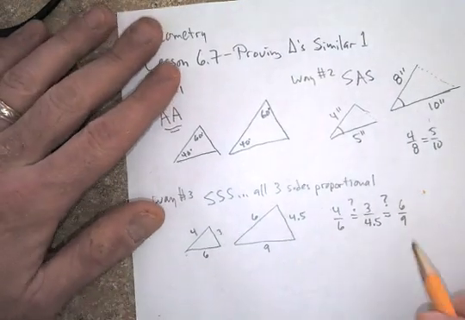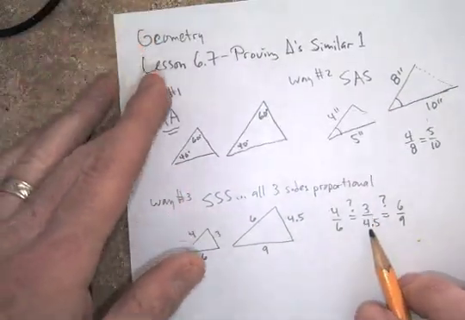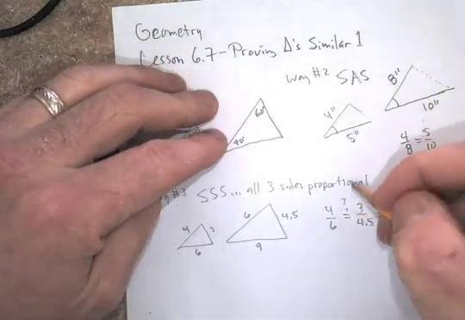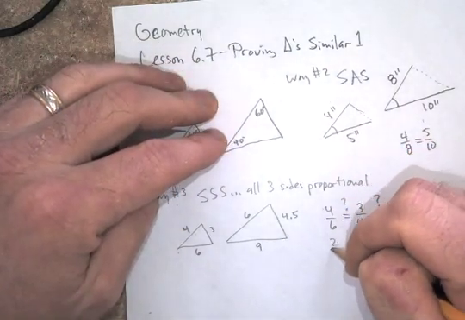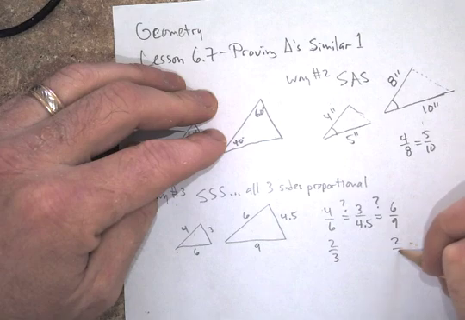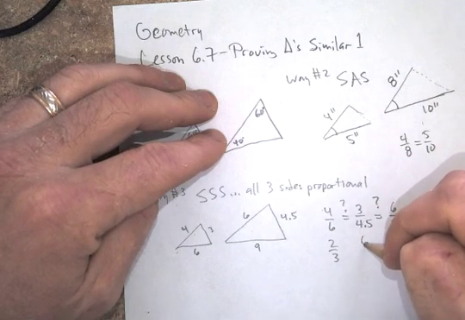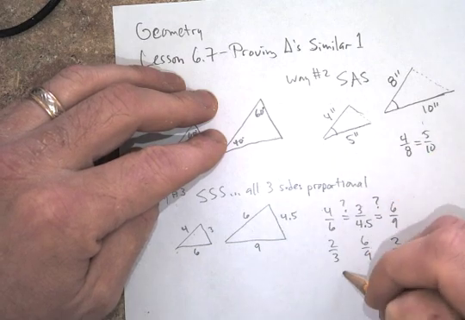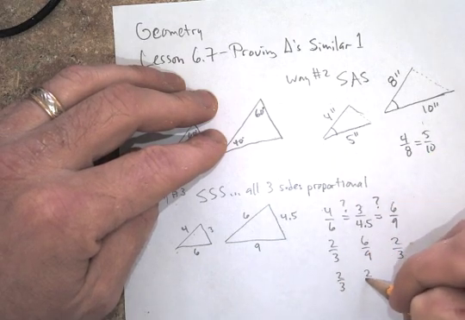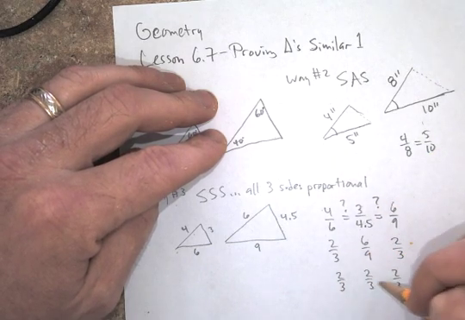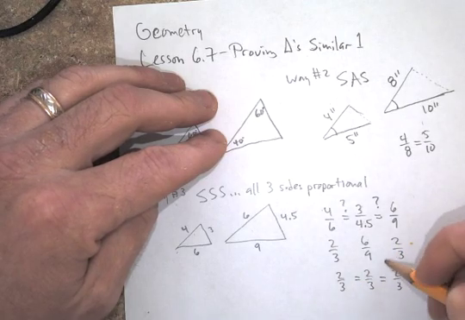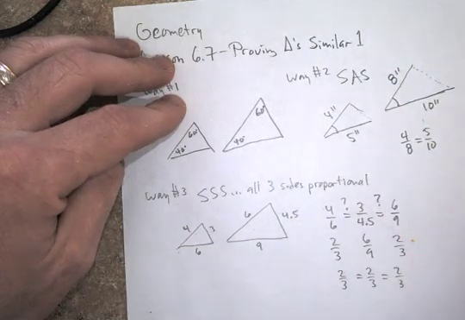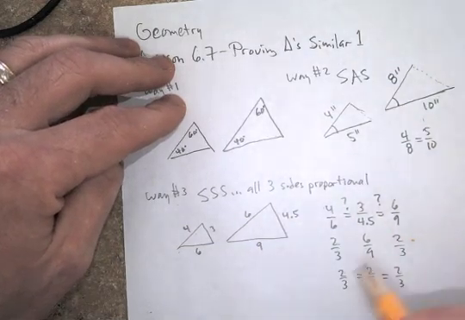You can't really reduce 3 over 4.5. This is 2/3, right? If I double both of these, it's actually 6/9. If I double that and double that, now I can reduce that down to 2/3. So since these are all equal, that's SSS. All 3 sides have the same scale factor, or they're proportional.